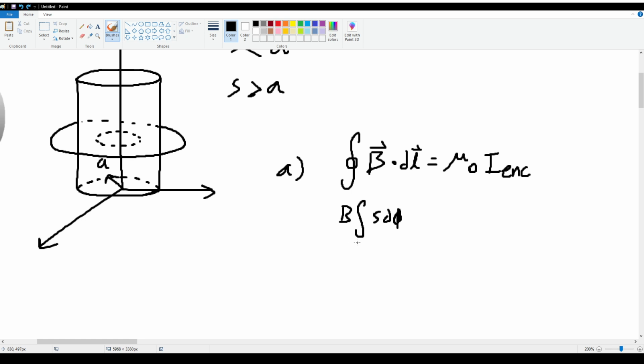So we want to do a full rotation, so we go from 0 to 2 pi, and that results in us getting B times 2 pi radius, which equals mu naught times I enclosed.